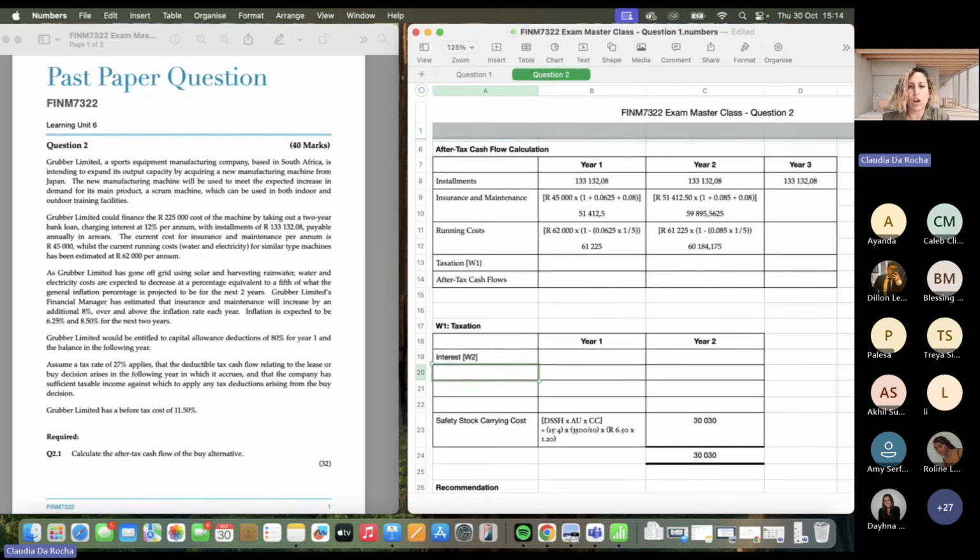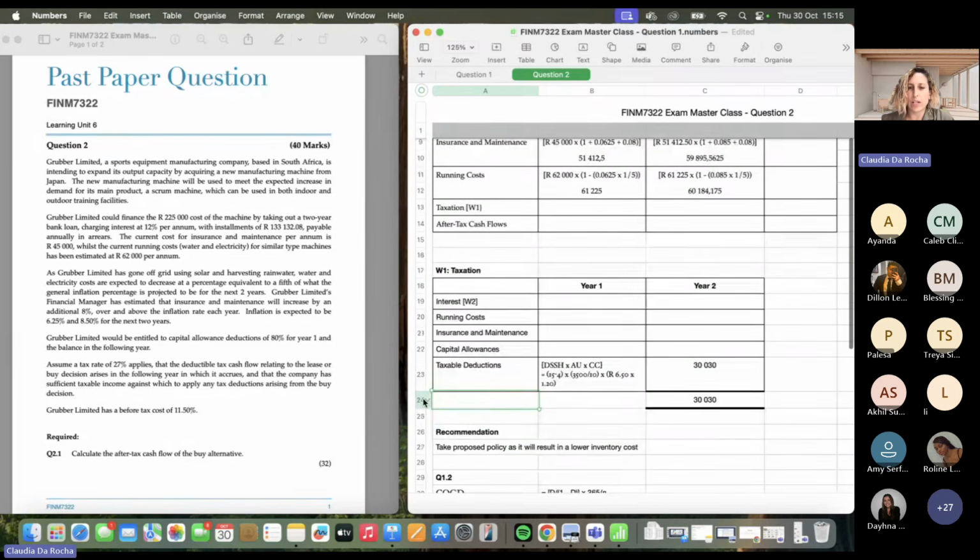We then have our running costs, which will be the same as what we had above, our insurance and maintenance. Then we're going to have our capital allowances because that's what's required when you're calculating tax. That will then give us our taxable deductions.